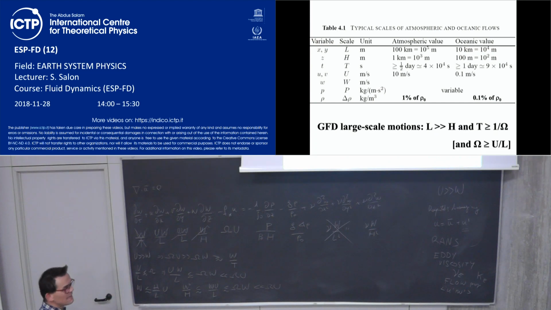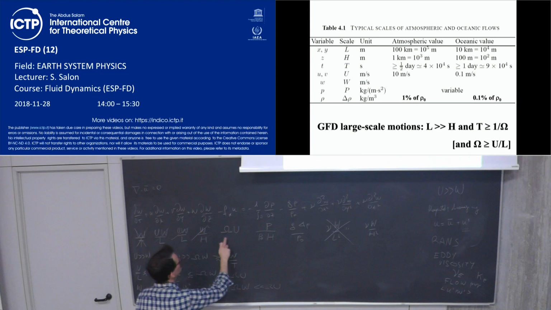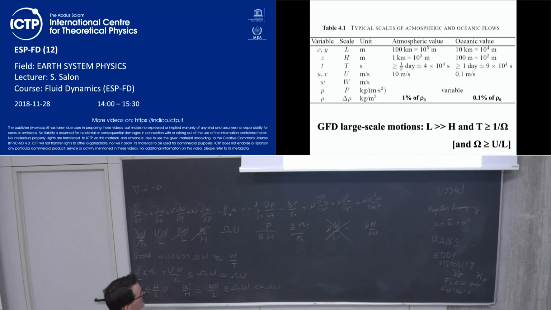Okay? So from this, we are starting to understand that Coriolis acceleration has a very central role in our GFD, because it's important. I mean, rotation is really an important player in GFD. So it looks like our left-hand side has been reduced only to this one. Let's look now at what happened on the right-hand side.